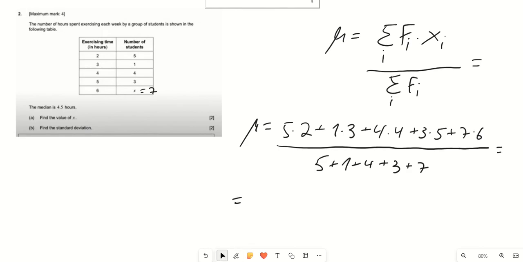I'm going to use the calculator to calculate this term, and I get here 86 over 20, which is 4.3. So this is the value of mu.